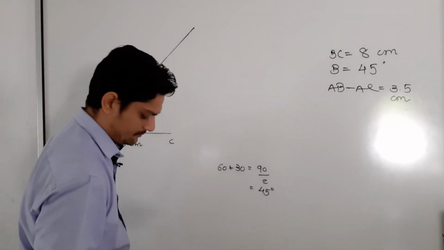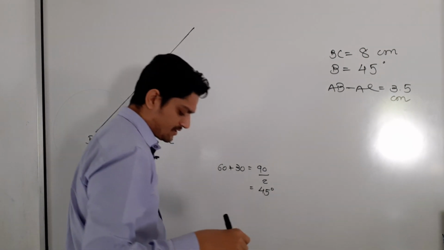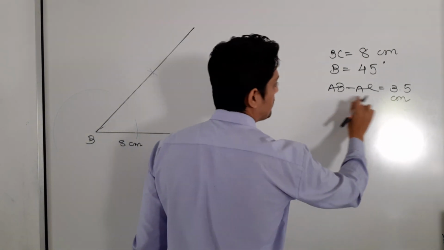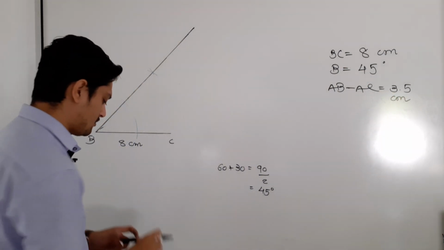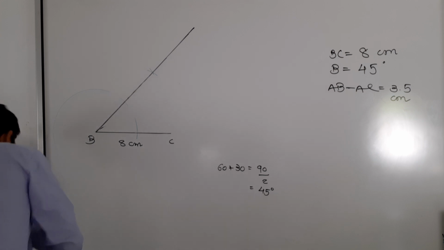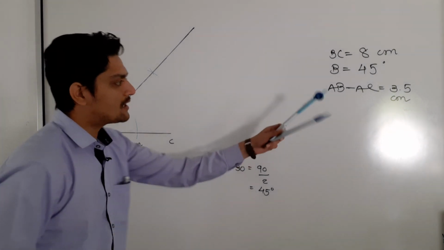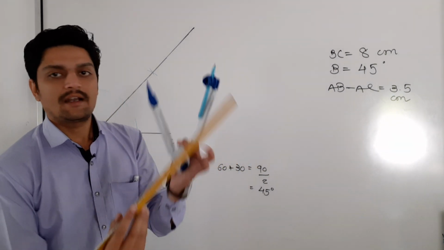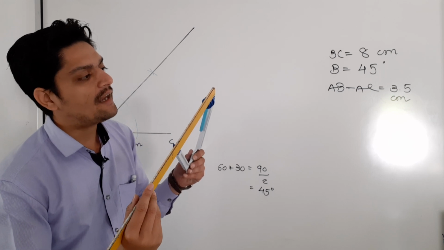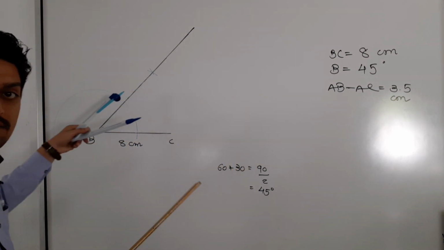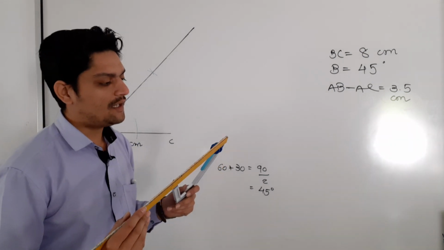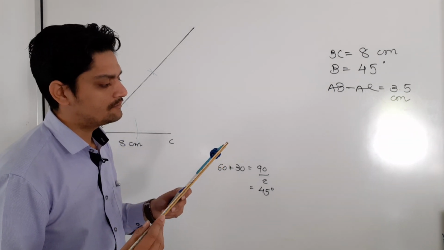But now the subtraction, AB minus AC, that should be 3.5 centimeter. So now you have to set the radius of your rounder to 3.5 centimeter, measure like this 3.5, and draw one arc.